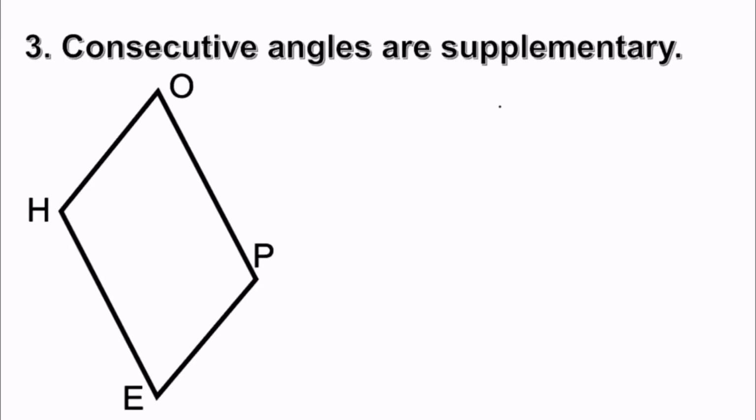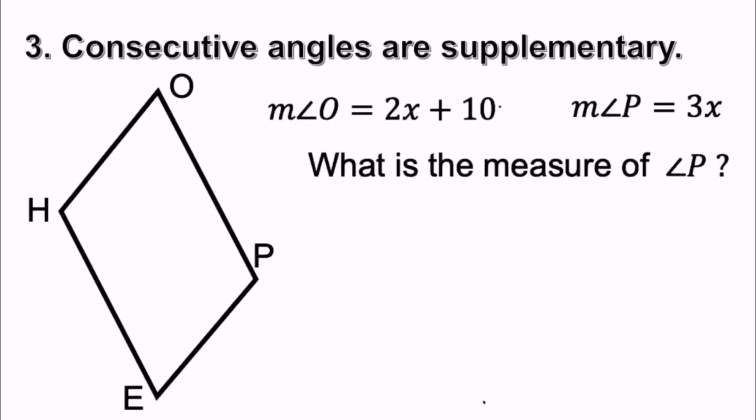Magbigay pa tayo ng isang example na may algebraic expression. Parallelogram HOPE. If the measure of angle O equals 2x plus 10 and measure of angle P equals 3x, what is the measure of angle P? Kung titingnan natin ang given, angle O at angle P, ang angle O at angle P sa figure ay magkasunod na angles o consecutive angles.